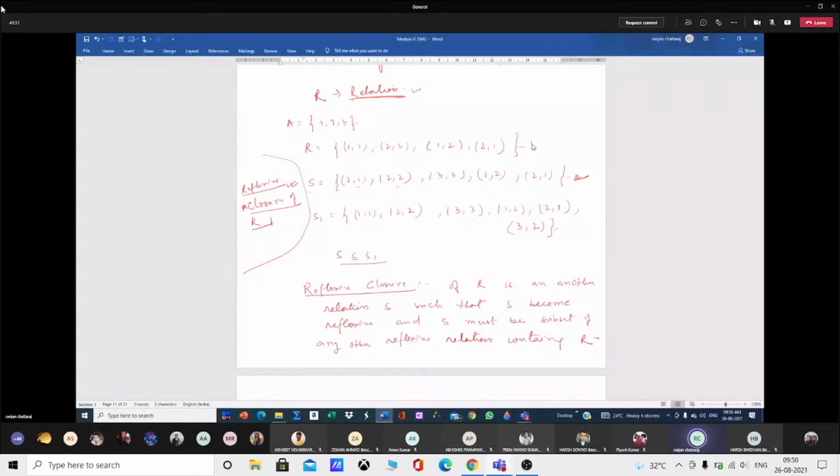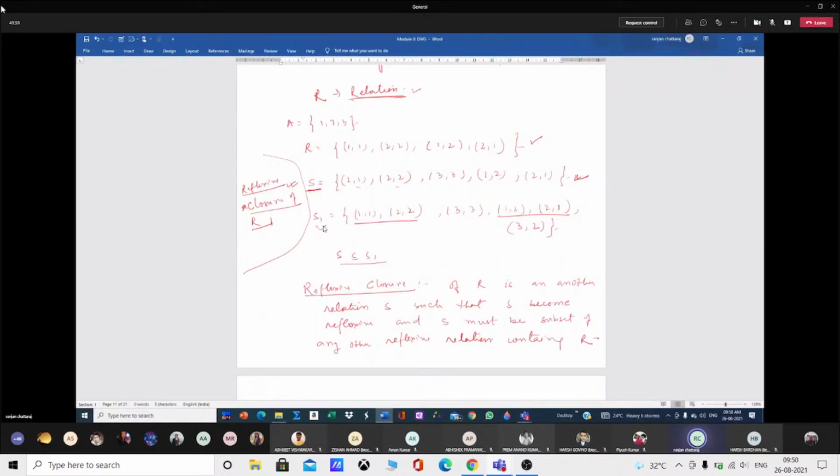Why? You see, R is any relation. S is called the reflexive closure. Okay, how do you construct S such that S becomes reflexive? And this is the part. These four construct the relation R. So S is also a reflexive relation.